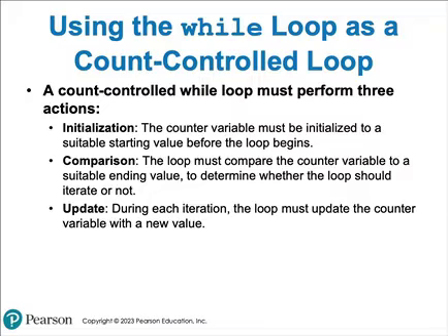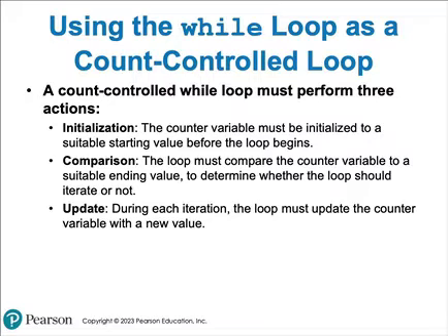If you do that, there are several parts that you need to do. You have the initialization, which is to set your count variable to some initial value, most likely 0 or 1. Then there will be a comparison within the condition of the while loop to compare that counter to some value. And then at the end of the iteration, you need to make sure you update your counter.